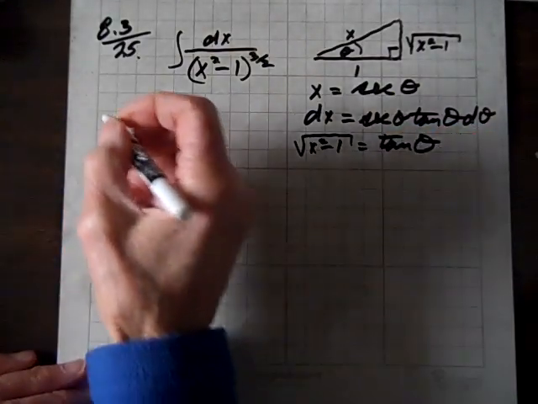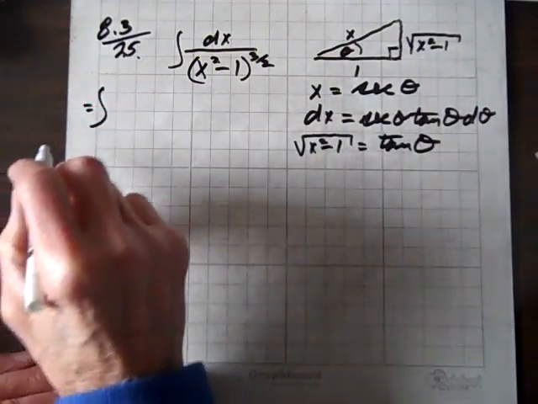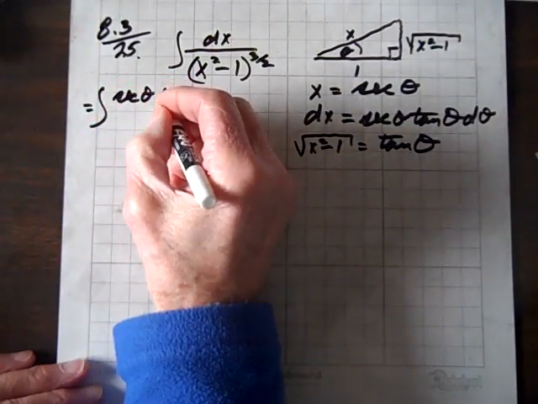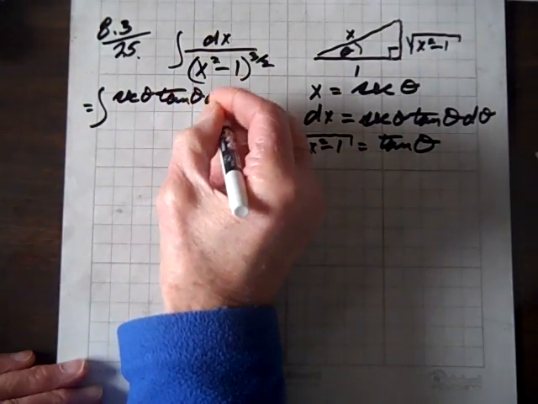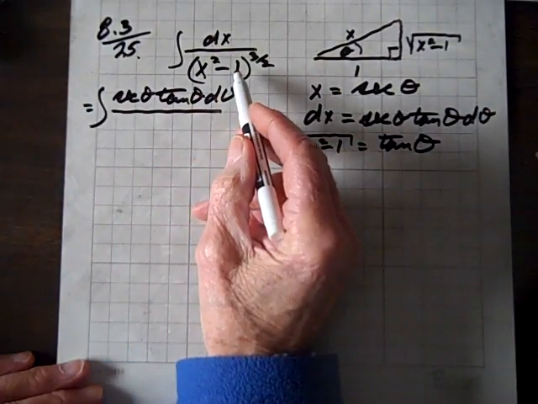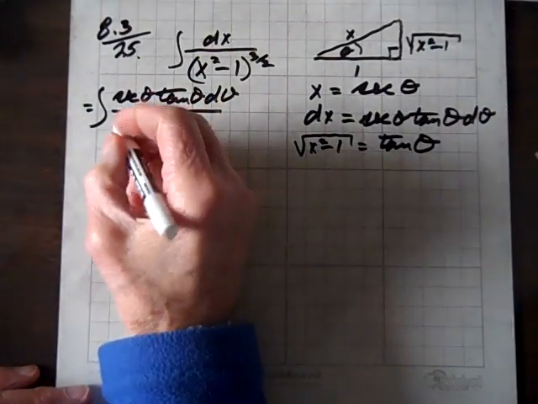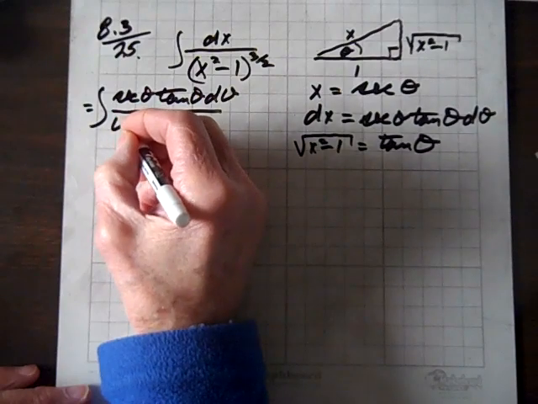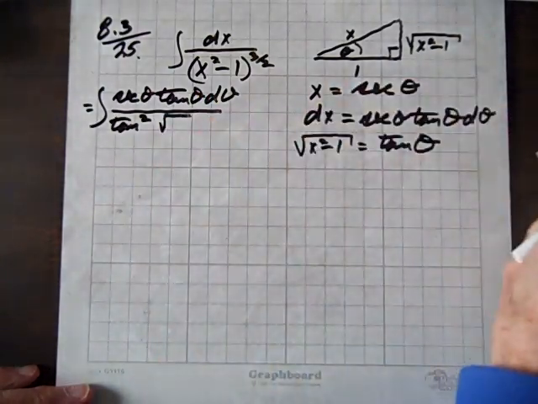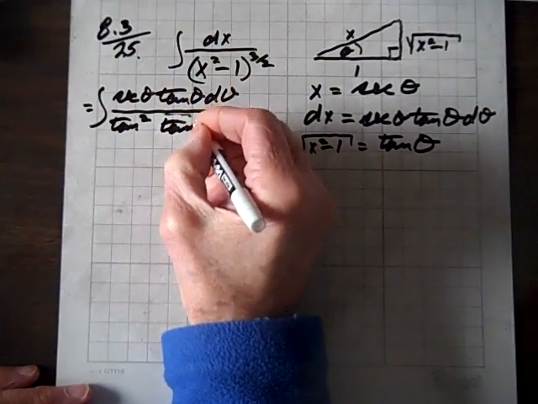And so now we can rewrite our integral in this form, using the substitution secant theta tan theta d theta divided by, and this is going to be 3 factors of tan theta. Well, 2 factors multiplied together will be tan squared theta, and 1 more factor of tan theta will just be tan theta.